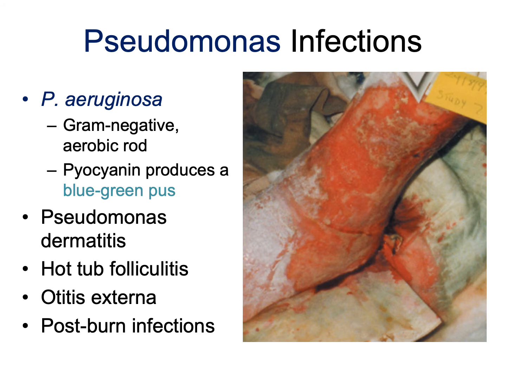Also, Pseudomonas likes to take hold and cause infections where there is little circulation. So you can imagine if a burn patient was very severely burned, that there would not be good circulation to that area. Also, diabetics do not have the best circulation and are often susceptible to Pseudomonas infections.